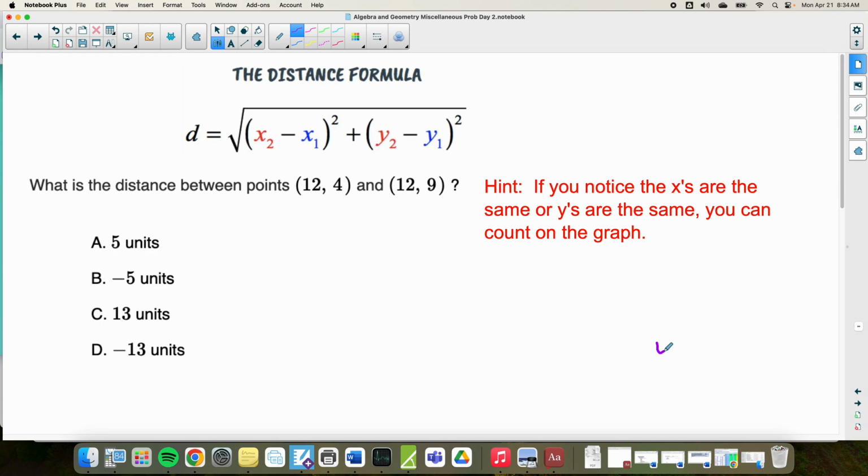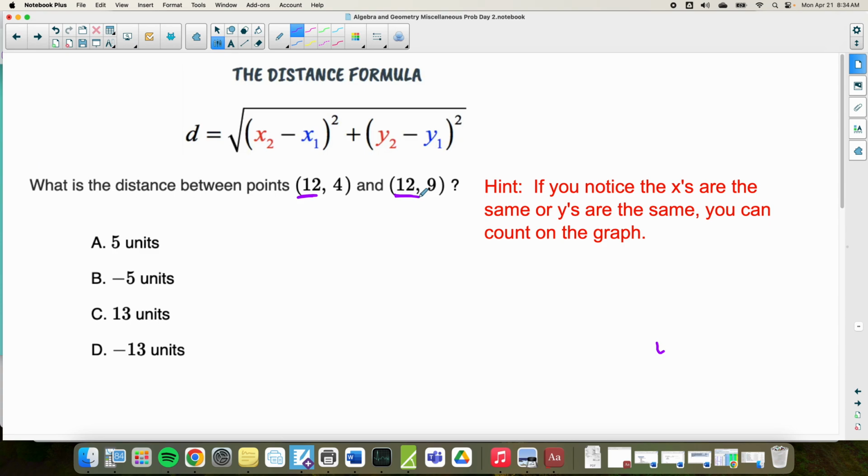If you look at this one and you try to find the distance of it the long way, what you're gonna notice is when these both have 12 in them like that, that means either it's a horizontal line or a vertical line.